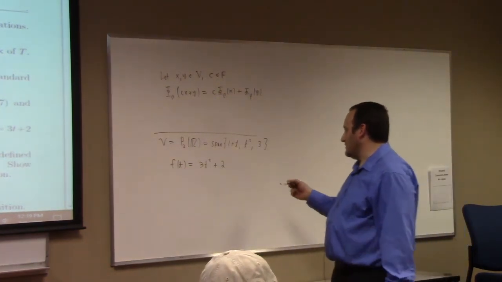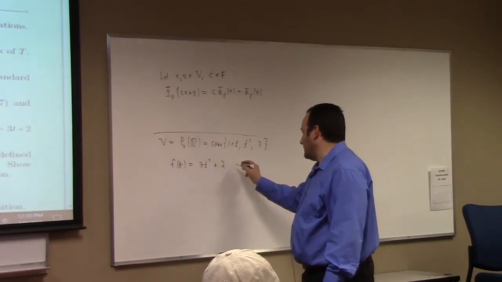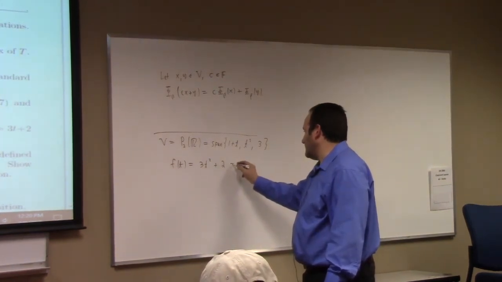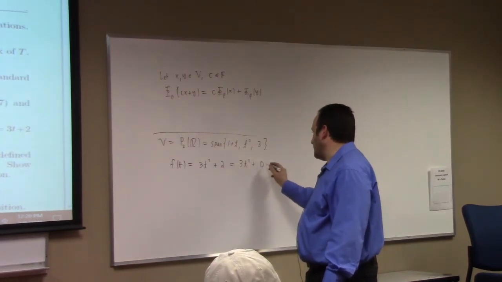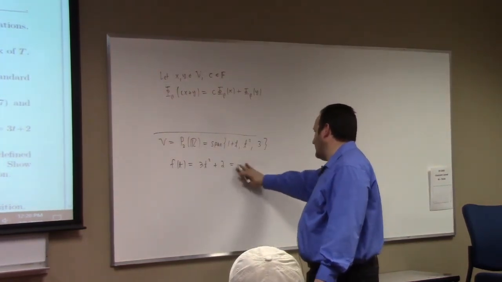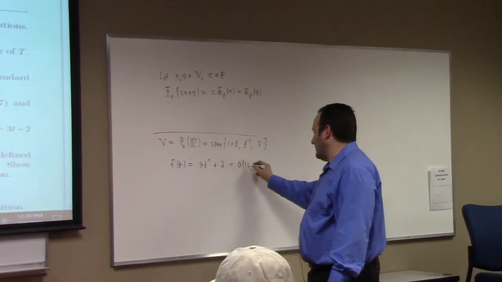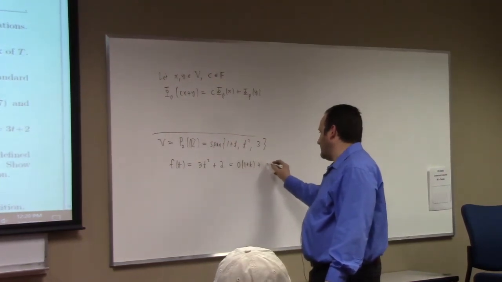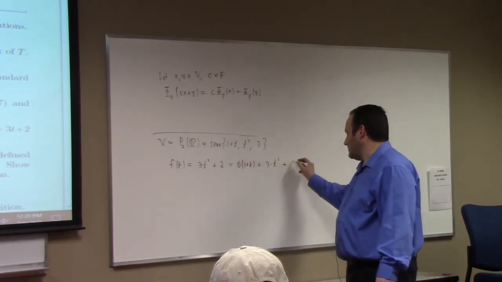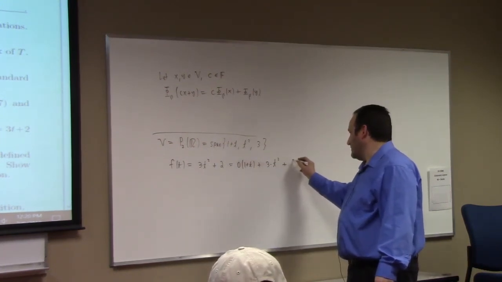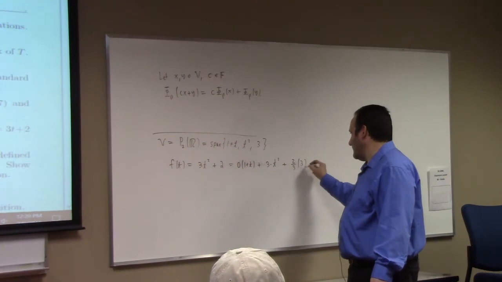Well, I have to write it in terms of the basis. That's 0 times 1 plus t squared, plus 3 times t squared, plus 2/3 times 3.